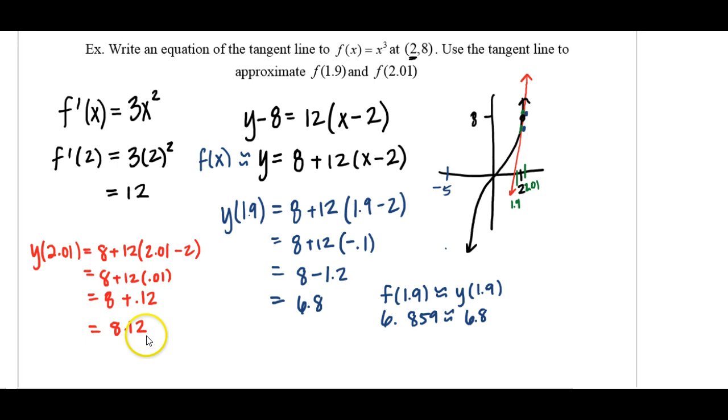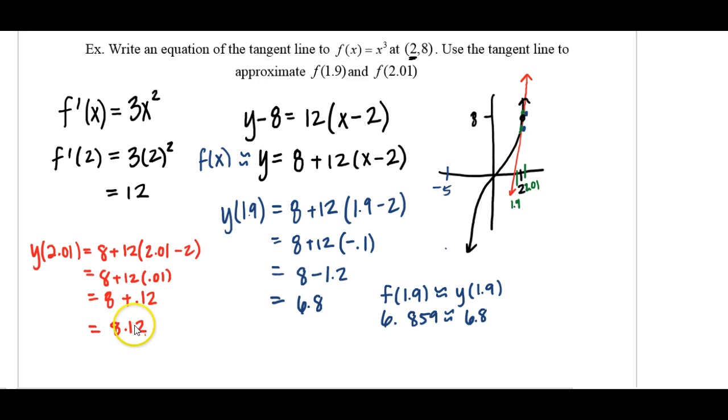And we can also think about how practical our result is, because if we're going to substitute in something slightly smaller than 1.9, we should probably get out something smaller than 8, which we did, right? We got out 6.8, and now we're plugging in something slightly bigger than 2, 2.01, and we got out something slightly bigger than 8.